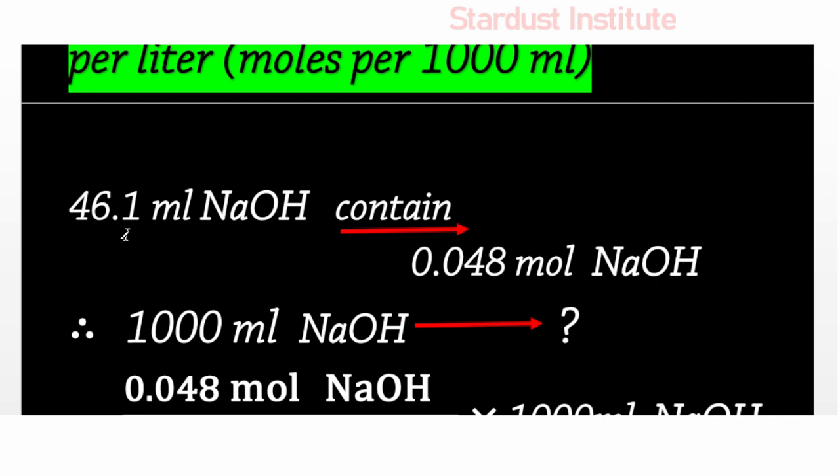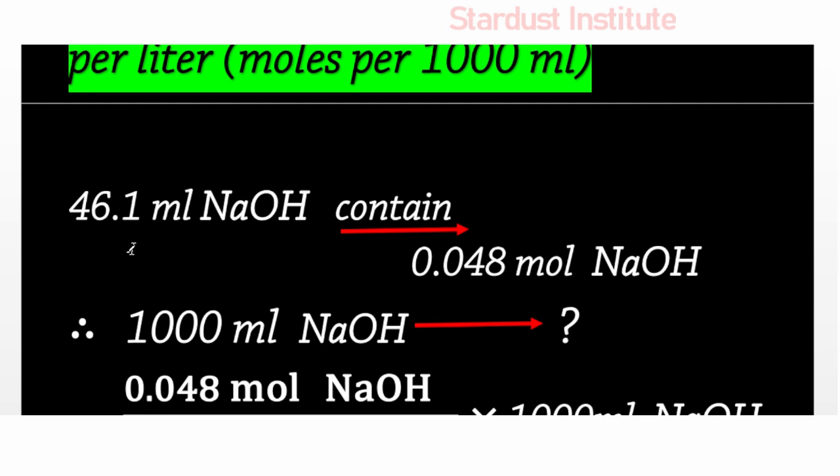46.1 milliliters contain 0.048 moles of NaOH. But when we find the molarity, we have to find how many moles of NaOH are there in 1000 milliliters.